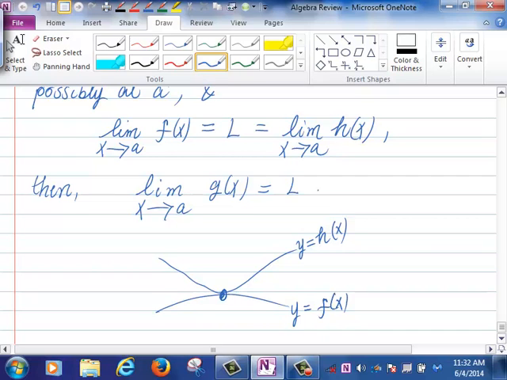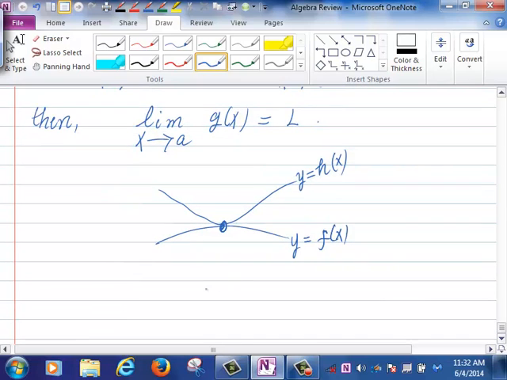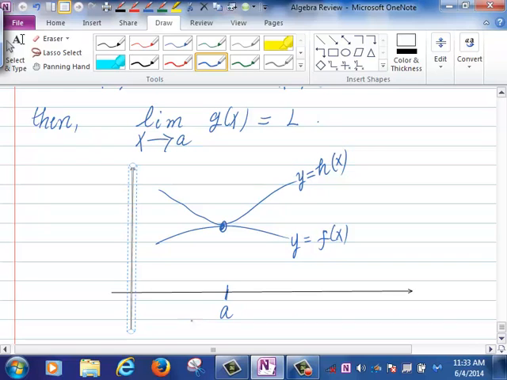So then maybe I'll draw the x-axis here. Here's a, and the limit here is L. So if f and h have the same limit, what's g?